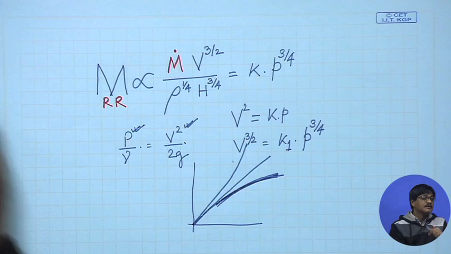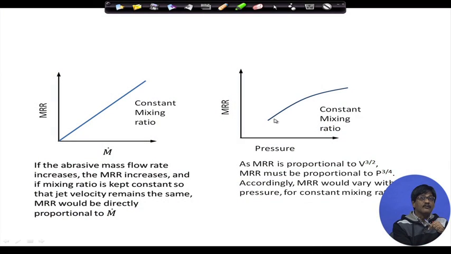And that is it. If you look at the graph now, this is the change of MRR with respect to pressure. Mind you, here also a constant mixing ratio has to be maintained, otherwise the amount of abrasives flowing in the carrier gas, its mass flow rate, will decrease.